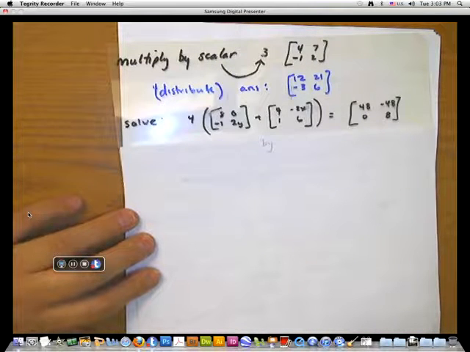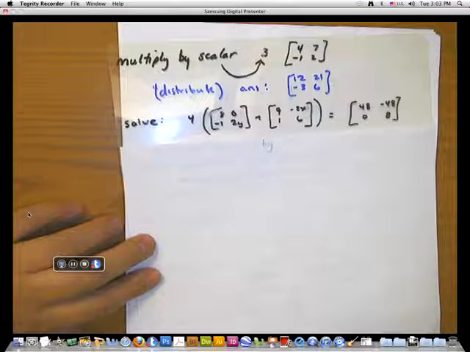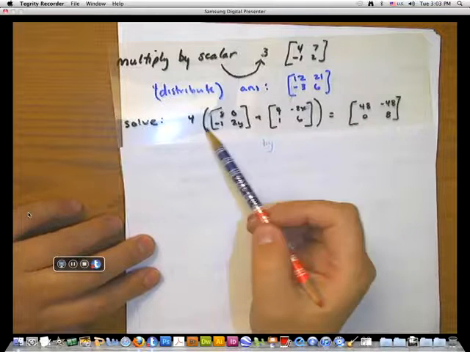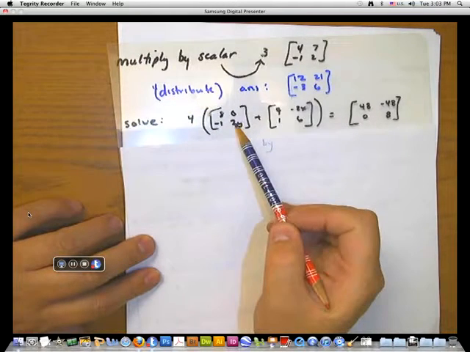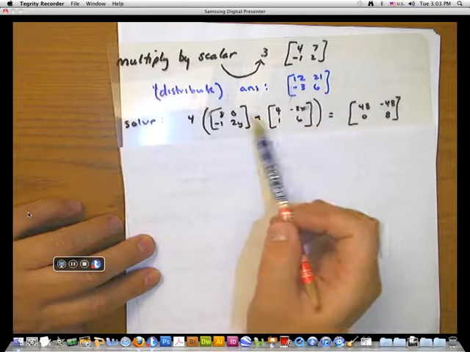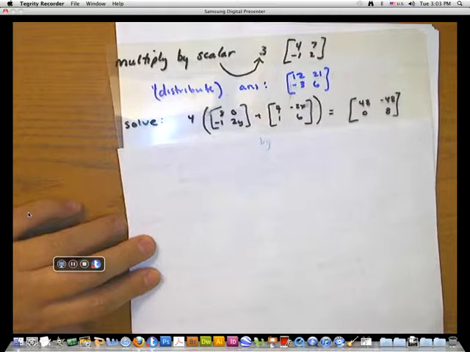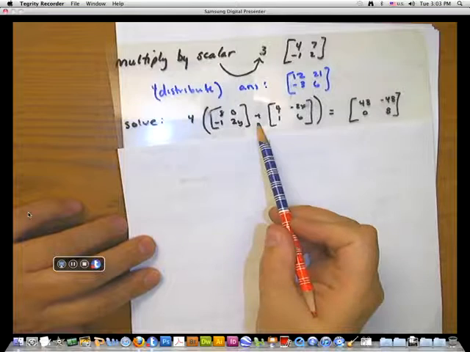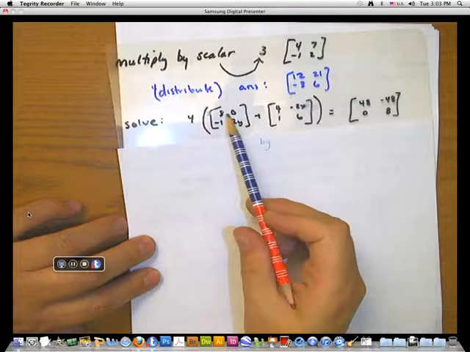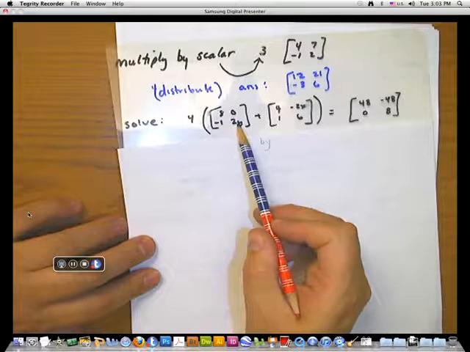The next thing we're going to do is solve. Well, solving just uses our order of operations, meaning we do grouping symbols, exponents, multiply, divide, and then add, subtract. For this particular problem, I have 4 on the outside of the parentheses of these 2 matrices inside. Inside the parentheses, it wants me to add the 2 matrices: 8, 0, -1, 2y.